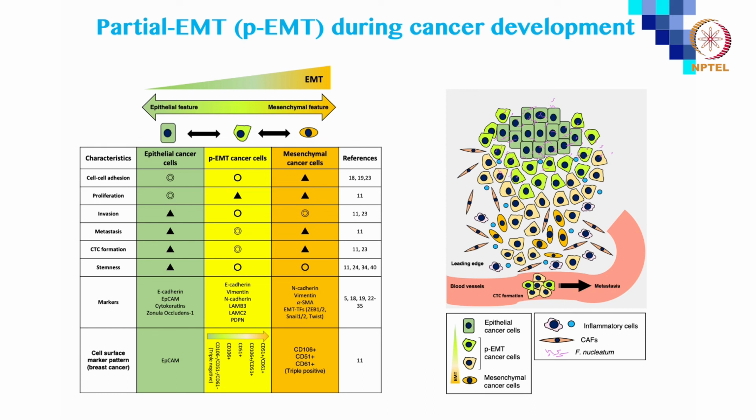The right figure shows that the EMT program is regulated by the tumor microenvironment. Partial EMT cancer cells are co-localized with cancer-associated fibroblasts, blood vessels, and inflammatory cells, including macrophages, on the leading edge of the tumor.